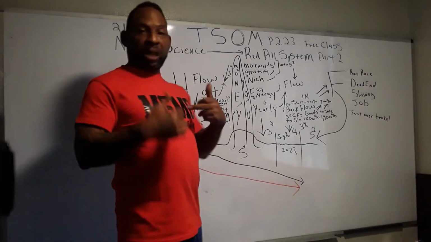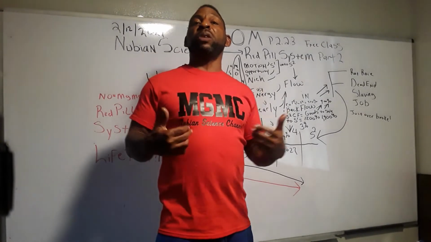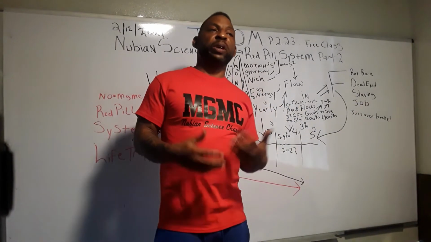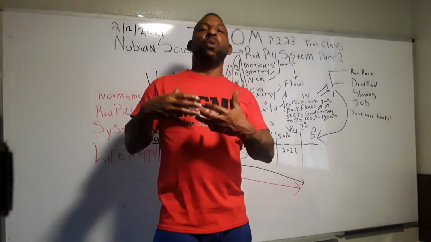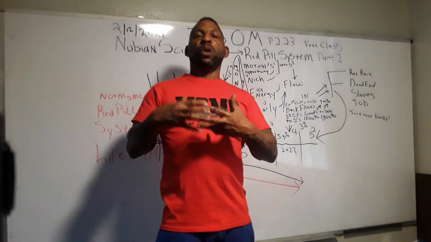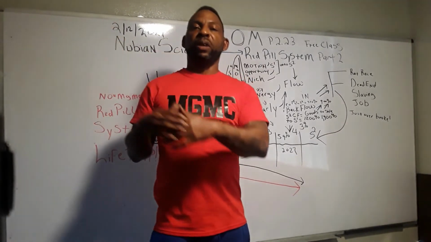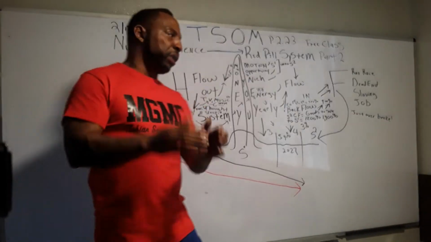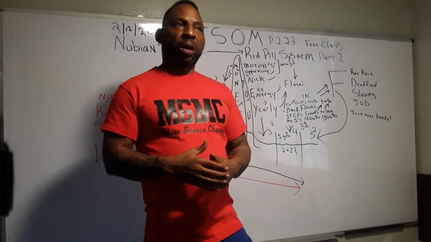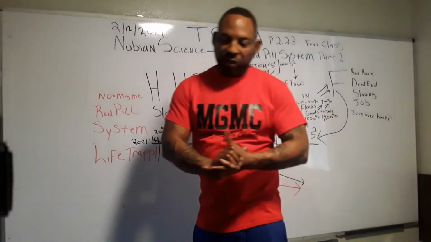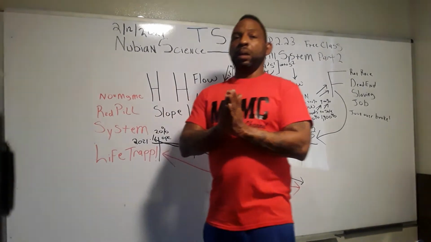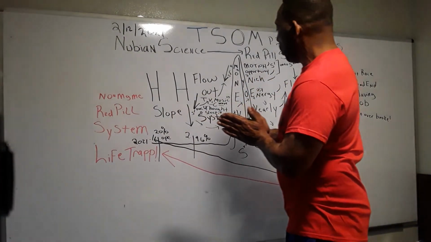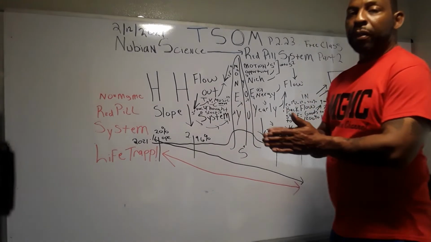And that's what the MGMC does, Money Goal Management Chart. Because once it's designed for you, you're on a pathway where you can grow yourself, you can grow your wealth from yourself. And then it creates a system of exponential growth. And so primarily that is the red pill system and how it works.